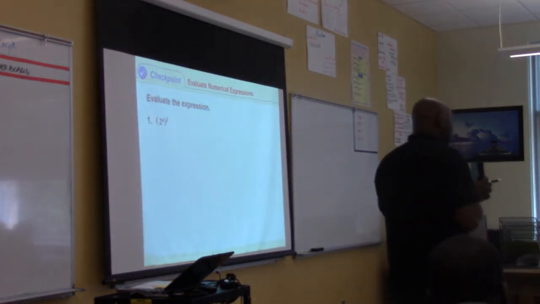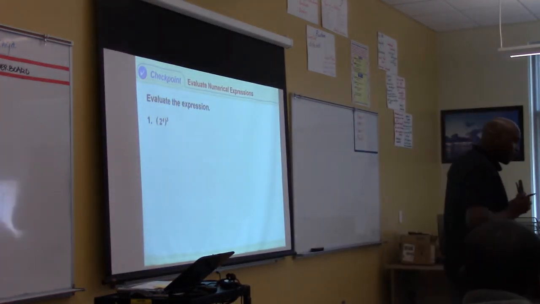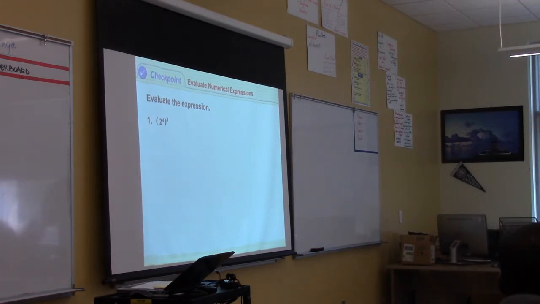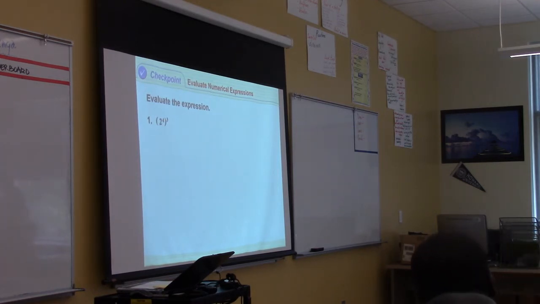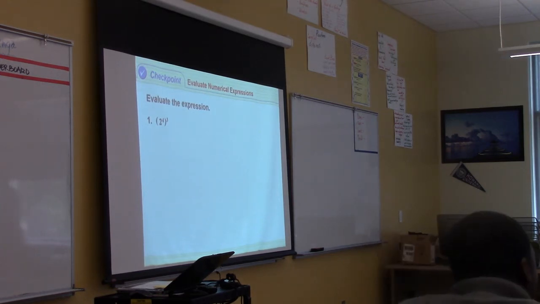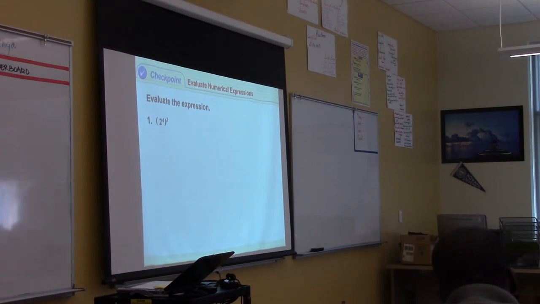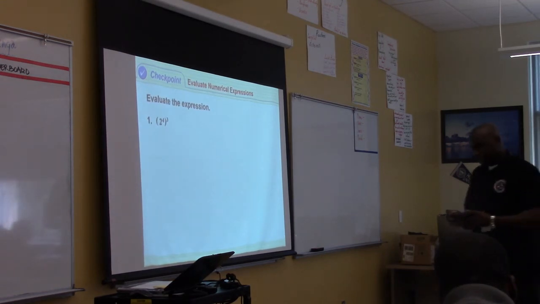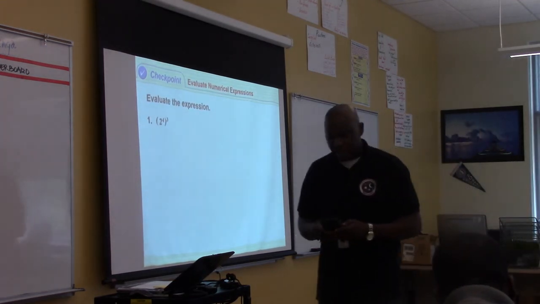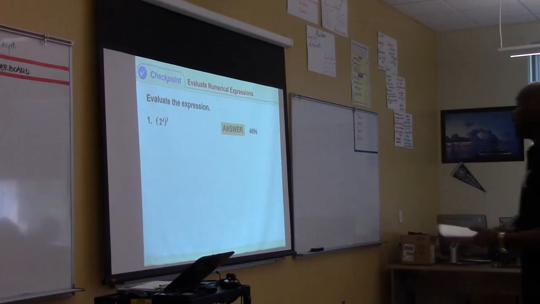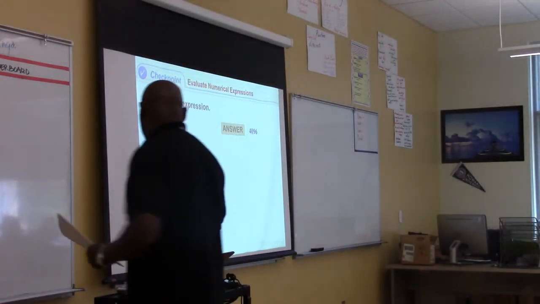See that little triangle hat? This little triangle here. So you get 4,096. That's the answer, 4,096.